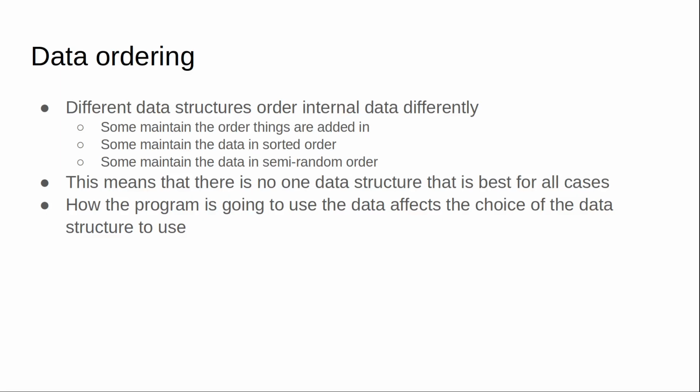Some of them maintain data in sorted order. So if you add things, you know, 5, 3, 1, 4, 2, you get them out 1, 2, 3, 4, 5, always. It doesn't matter which order you add them in, you're always going to get them in sorted order. Some of them maintain data in a semi-random order, because some of these data structures work on principles of even distribution of data.